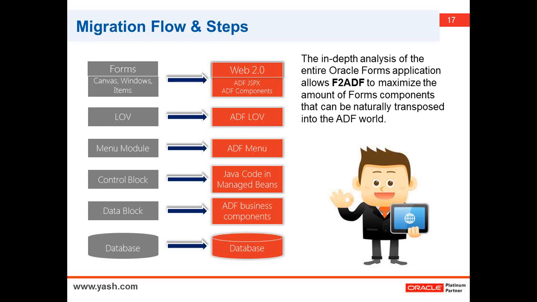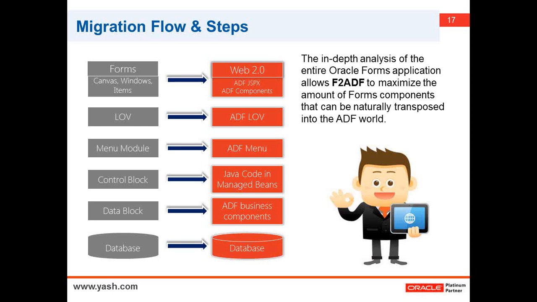The Oracle Forms LOVs are created in ADF using ADF LOVs, which are created with the help of ADF business components. So you actually get the data dynamically the way you get in Forms, but in Forms you generally write a query to fetch the data, which is not the case with ADF business components.